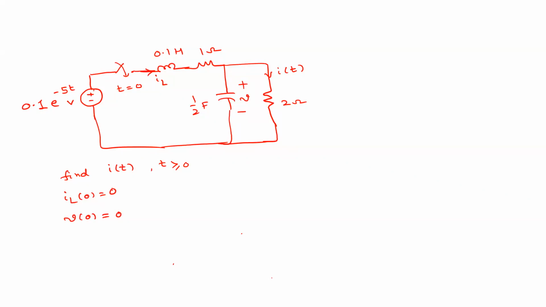Converting the circuit into S domain. So convert this circuit into a Laplace circuit, right? So how to do that? So we have a circuit like this: inductor, resistor. There are no initial conditions, right?